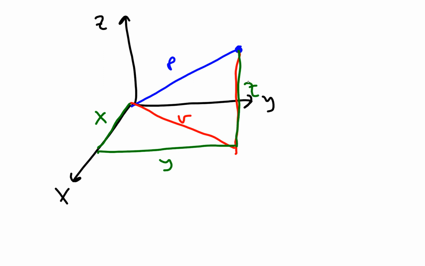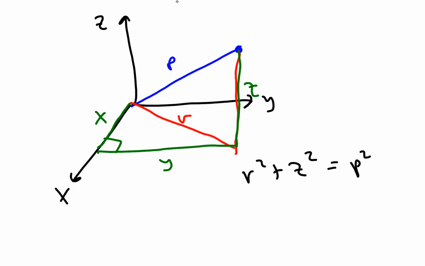So let's see what we know. If we were to look at the triangle on the top there that has R, Z, and rho in it, we can make a Pythagorean theorem out of that, where it's going to be R squared plus Z squared equals rho squared. If we look at the right triangle that has X, Y, and R in it, there's a right triangle lying in the XY plane.